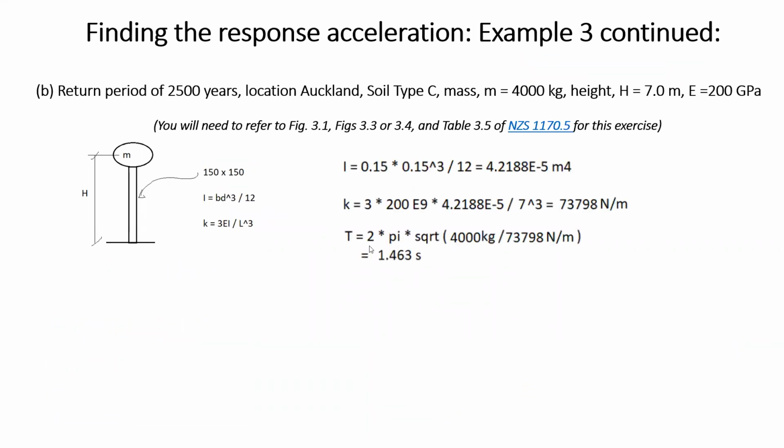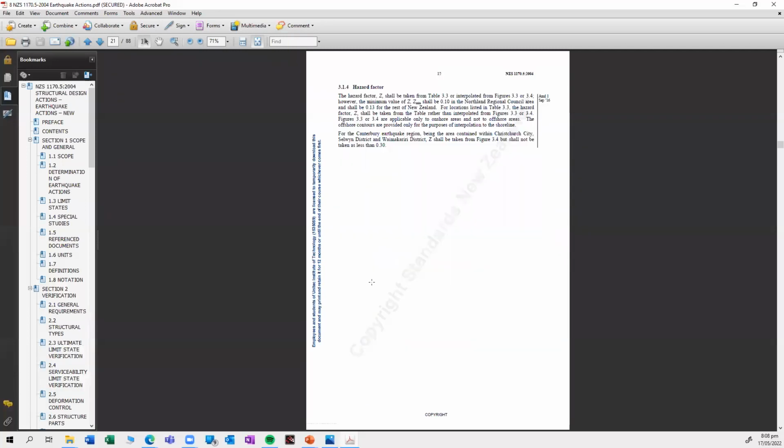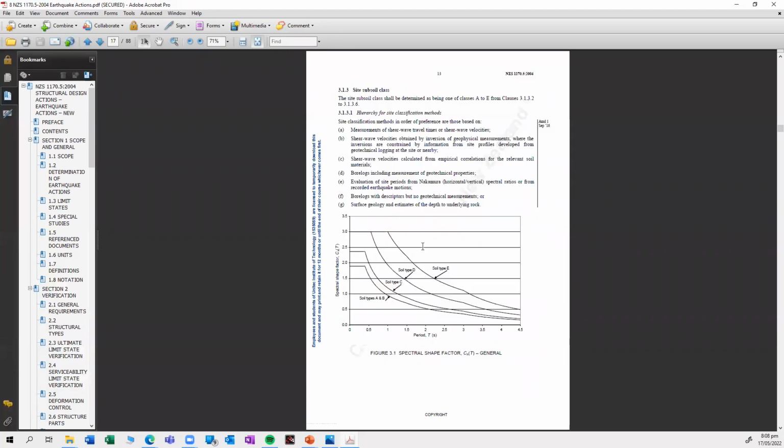Hey guys, for this problem, I get a period of 1.463 seconds. Everyone else similar? And from that, let's look up our, I forget what it's called exactly, the spectral shape factor.